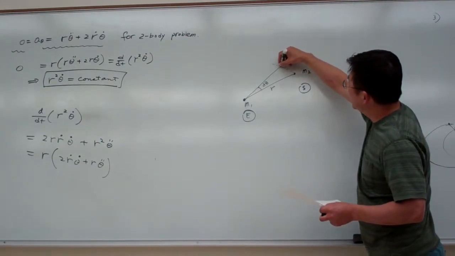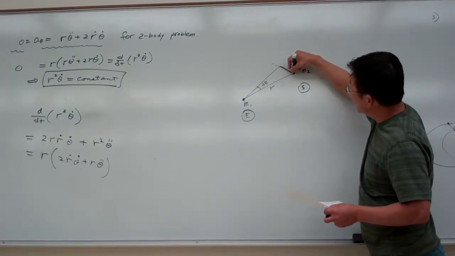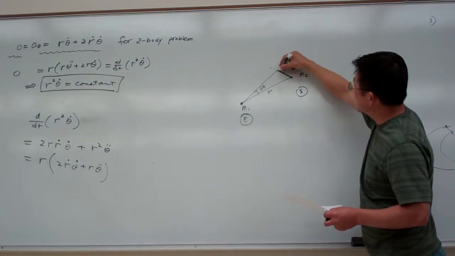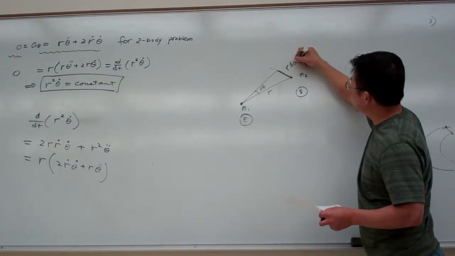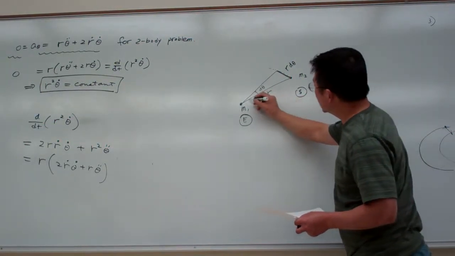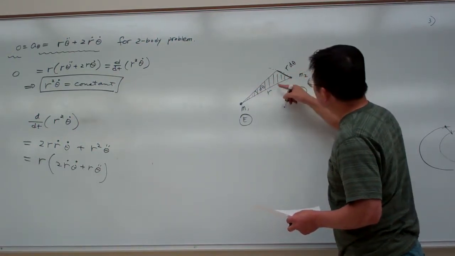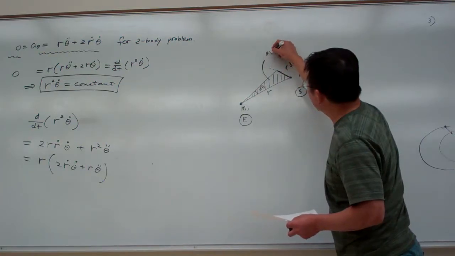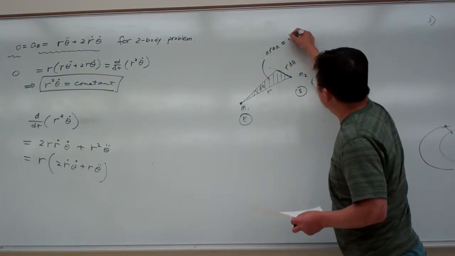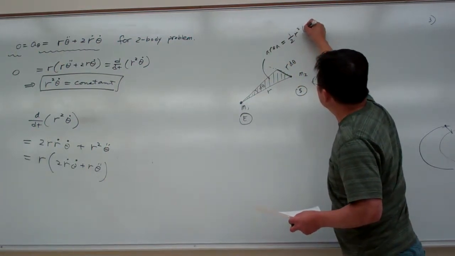If d theta is very small, the distance here is r times d theta. So in this very small advancement, this triangle has the area equal to 1/2 times r squared d theta.